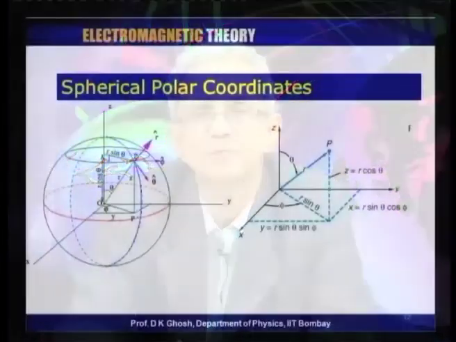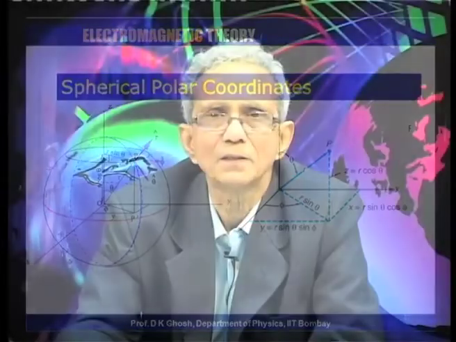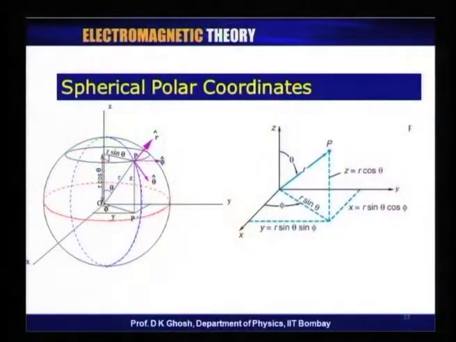The more interesting and slightly more complicated coordinate system is what is known as a spherical polar coordinate system. In fact, this is a very natural coordinate system to us, because our earth itself is a spherical polar coordinate system. So, the way you do it is this: imagine a sphere, and take the center origin at the center of the sphere.